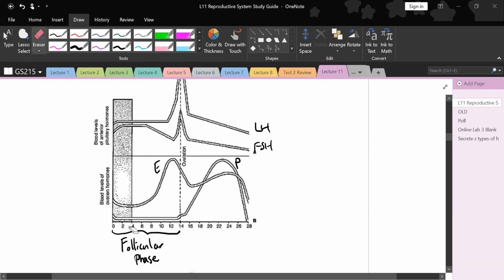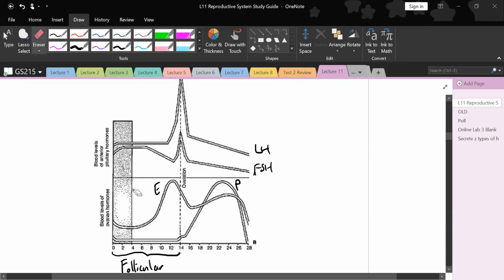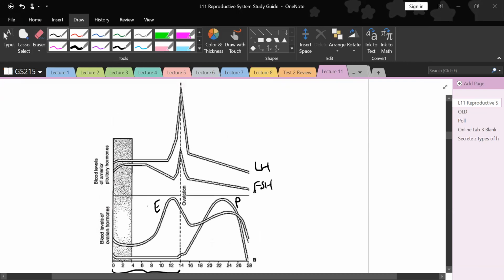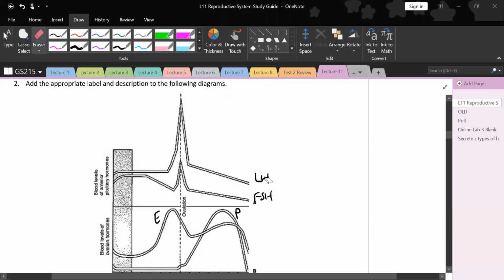As the follicle develops, you can see how the estrogen is going up. This estrogen goes back up to the brain and causes more GnRH to be released. More GnRH will result in more LH and more FSH. So you can see the peak in the estrogen is followed by a peak in LH and FSH.